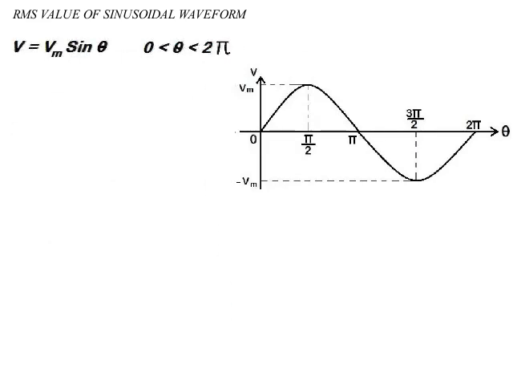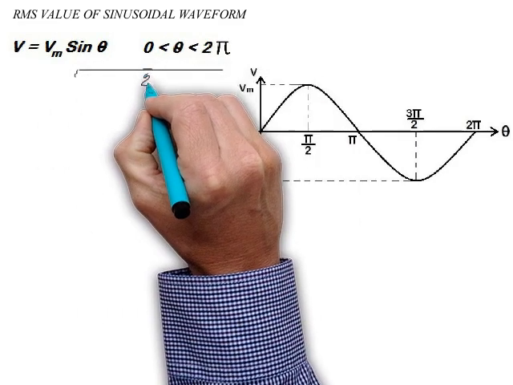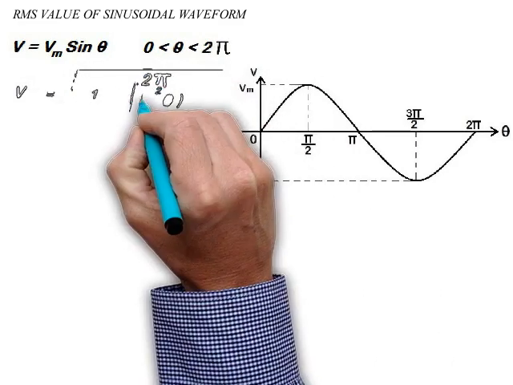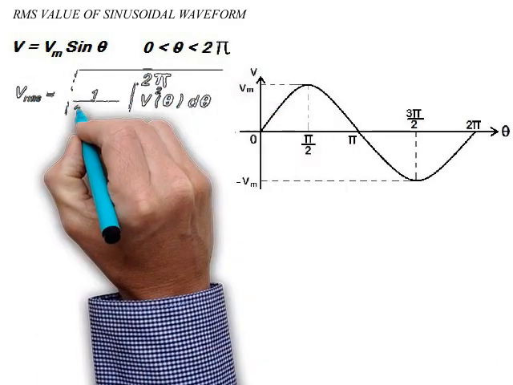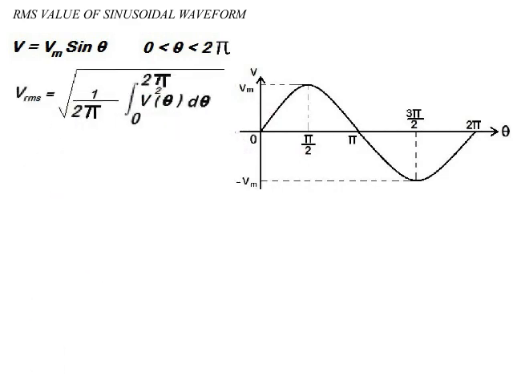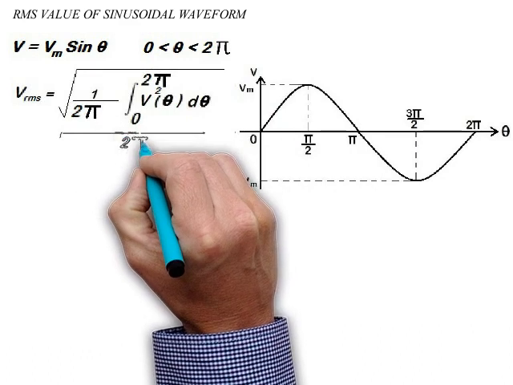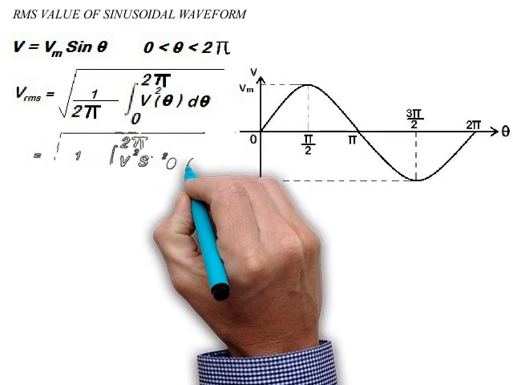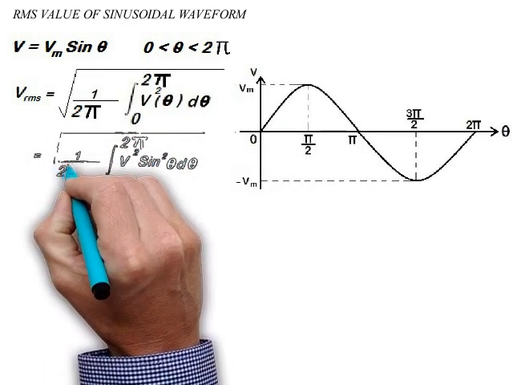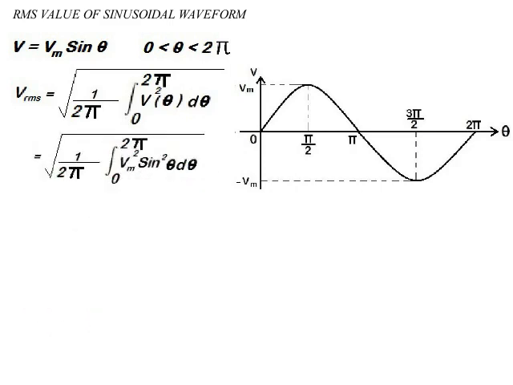So Vrms is equal to root of 1 by 2 pi integration of 0 to 2 pi V square theta d theta, which is equal to 1 by 2 pi integration of 0 to 2 pi Vm square sin square theta d theta.